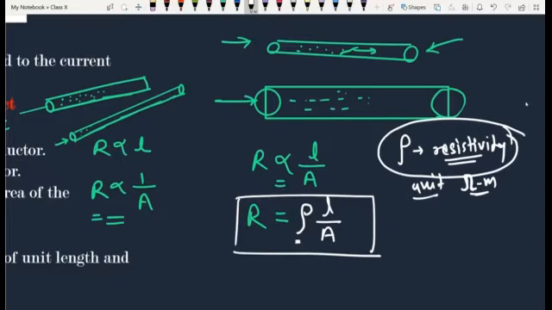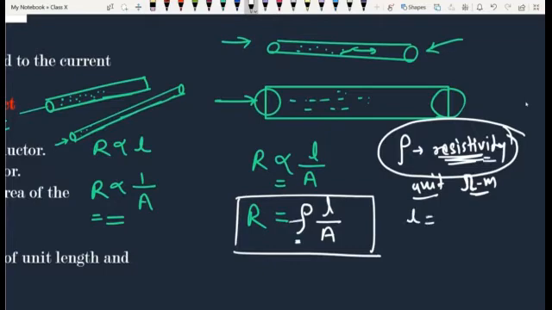Resistivity is nothing but the resistance provided by a conductor of unit length and unit area.